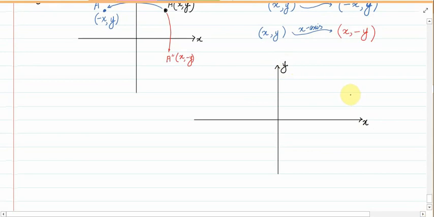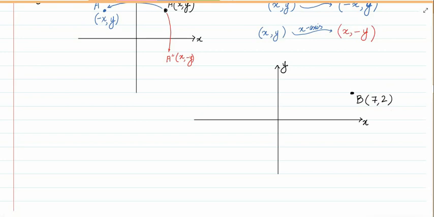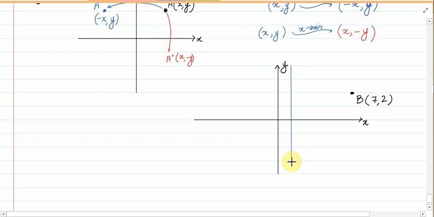I have a point here, let's say this point is B and the coordinates are 7 comma 2. I need to reflect the point across the line x equals 1. That is the reflection line, and I need to reflect the point B across the line x equals 1.